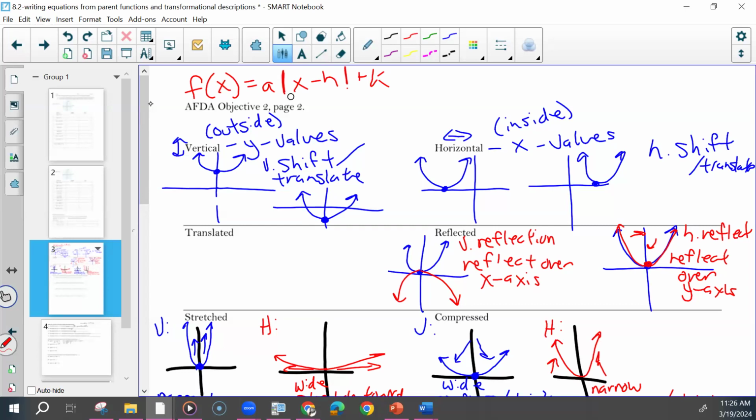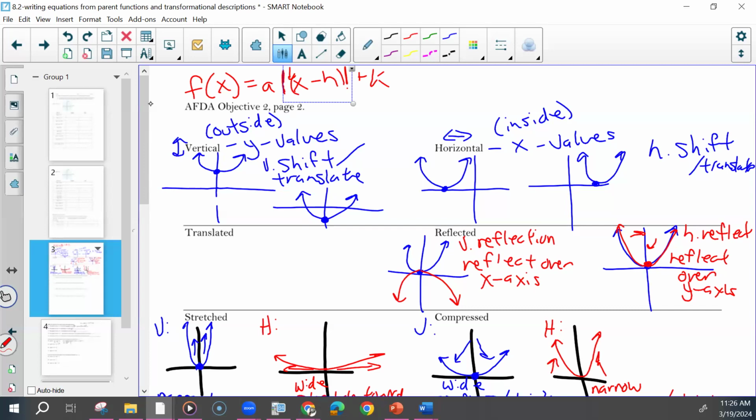If you had something inside here, in the parentheses, that would be where your horizontal stretches and compressions are. Say it again. What is the K? That's your vertical shifts.